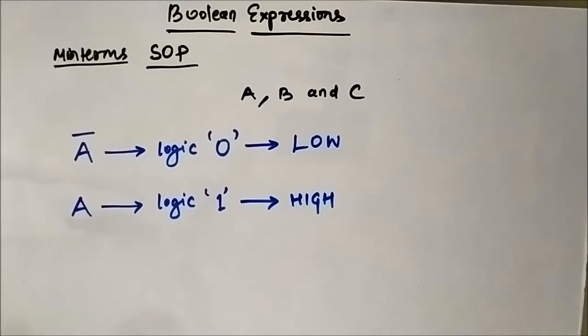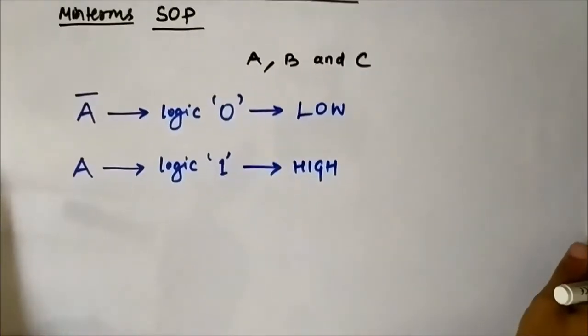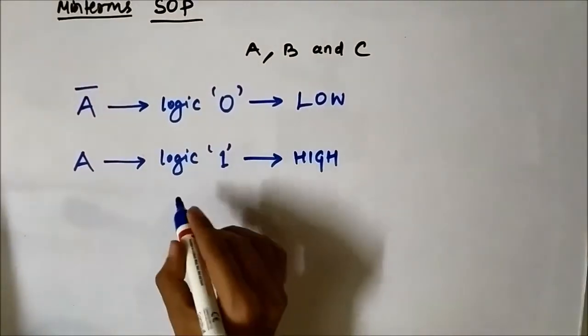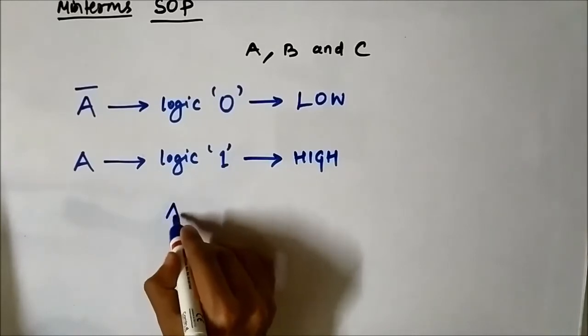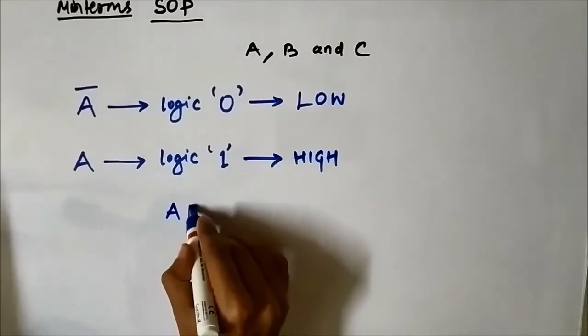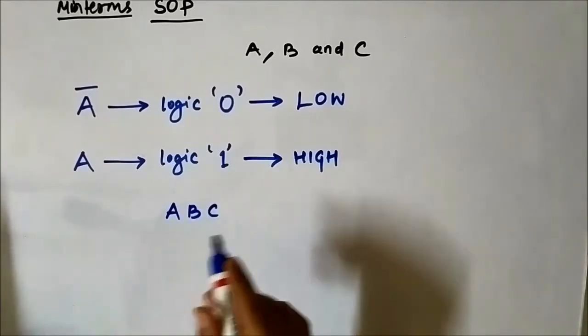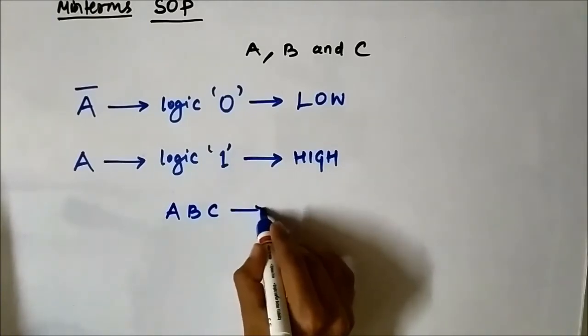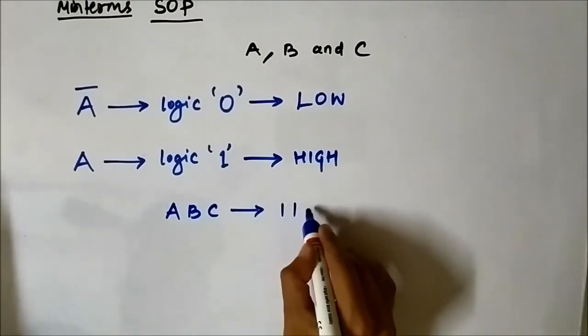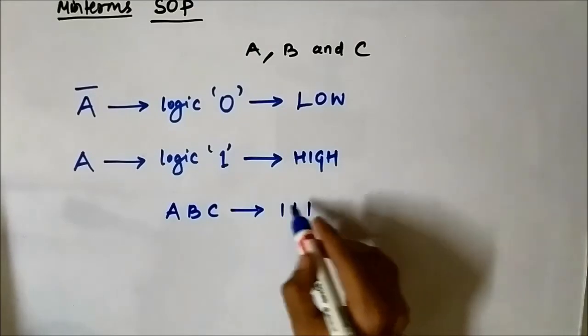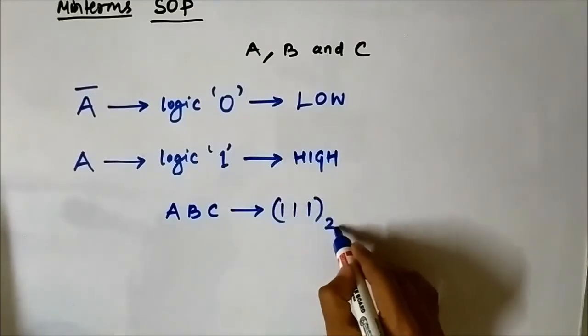Okay, suppose I write A, B, C. What it actually means is 1, 1, 1 in binary.